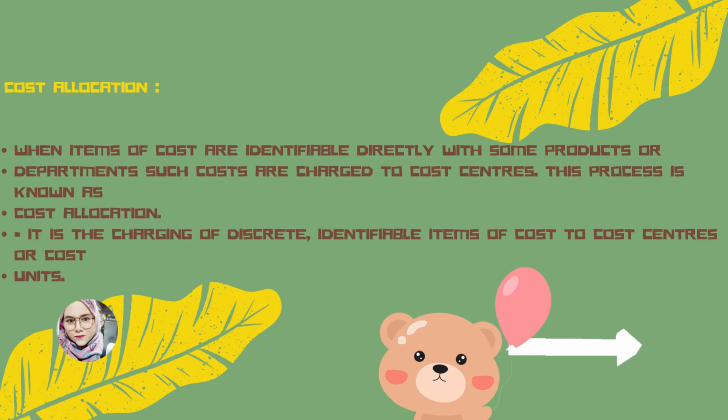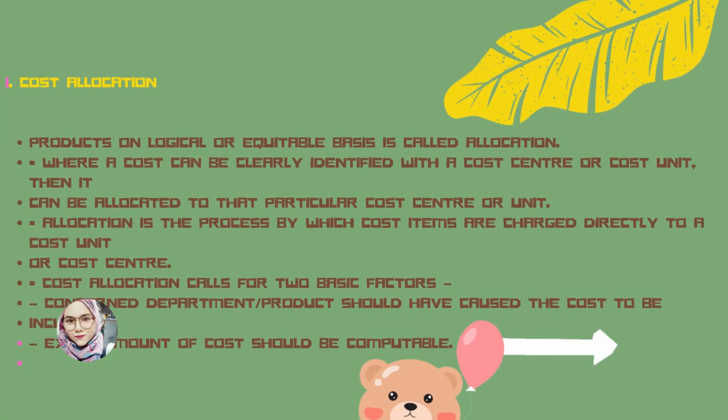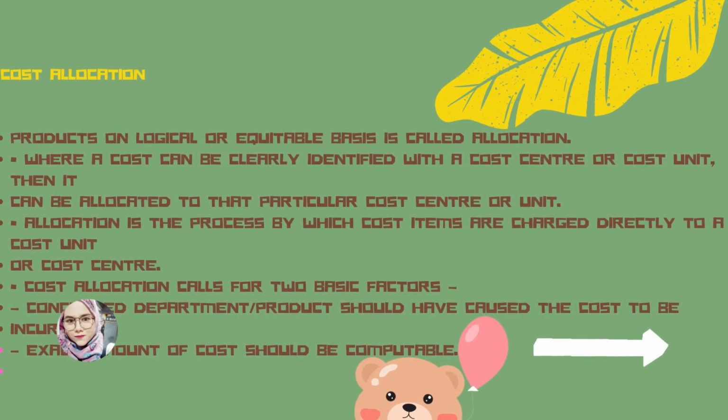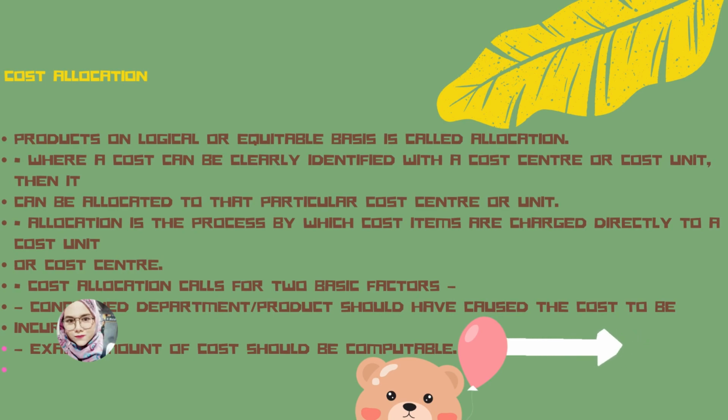It is the charging of discrete identifiable items of cost to cost centers or cost units on a logical or equitable basis. Where a cost can be clearly identified with a cost center or cost unit, it can be allocated to that particular cost center or unit. Allocation is the process by which cost items are charged directly to a cost unit or cost center.